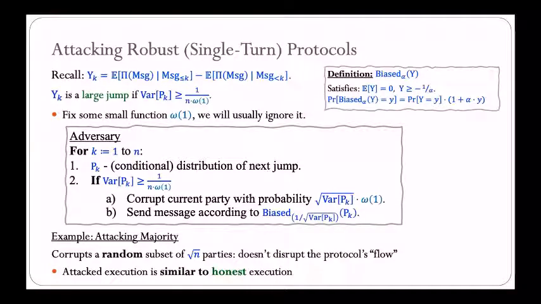So now that we have the bias distribution we want to sample the jumps from, we can just pull back using the inverse of this mapping. So we know what jump value we want to produce, and then we just select one arbitrary message that produces this jump value. Any more questions regarding the adversary or robust protocols?